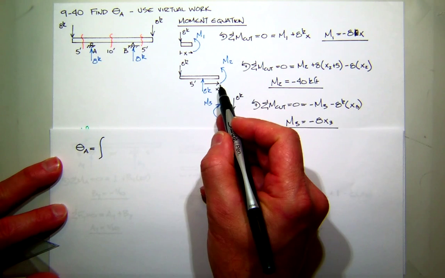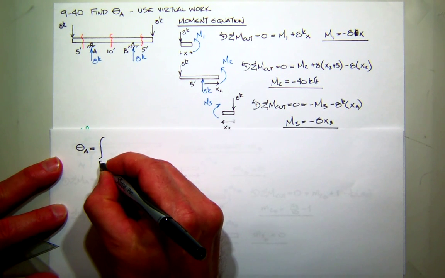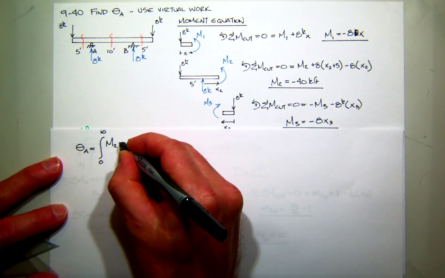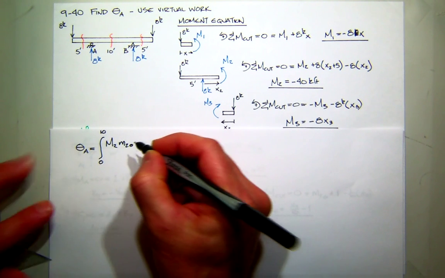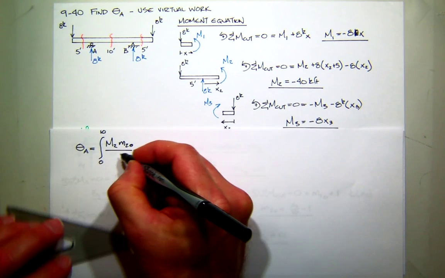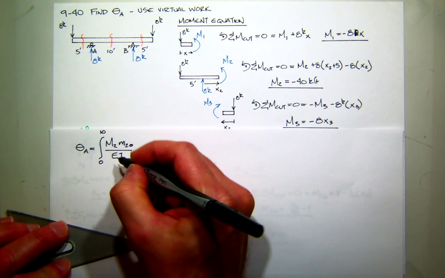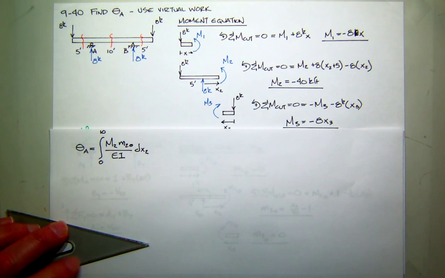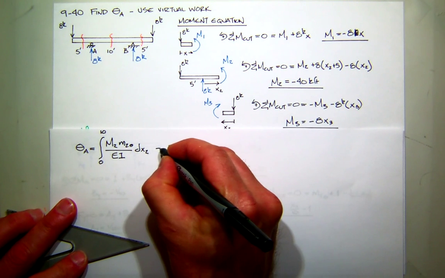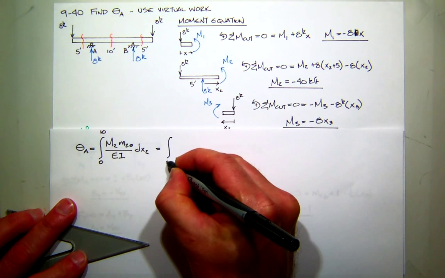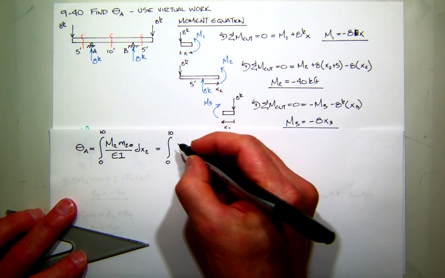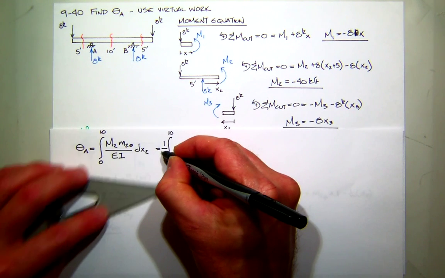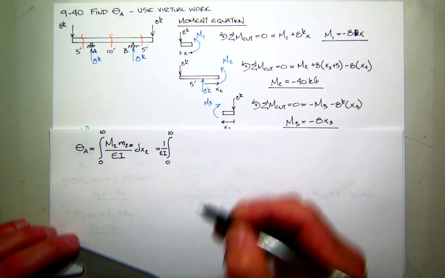I measured x2 here, so that would be from 0 to 10 of the real moment in 2 and the virtual moment in 2 divided by EI, and I'm integrating over the distance x2. So let's fill all that in and see what we get. So again, integral from 0 to 10. I should have squeezed out my EI, and I will.